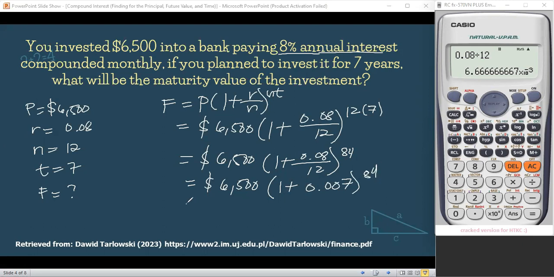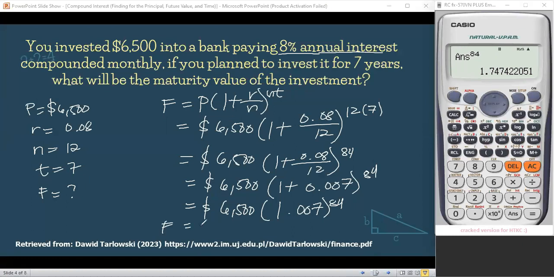Ito po pag pinag-add natin, so that is $6,500 times 1.007 raised to 84. So, sige po, pagpatuloy natin, 1.007 raised to 84. That is 1.75 approximately.